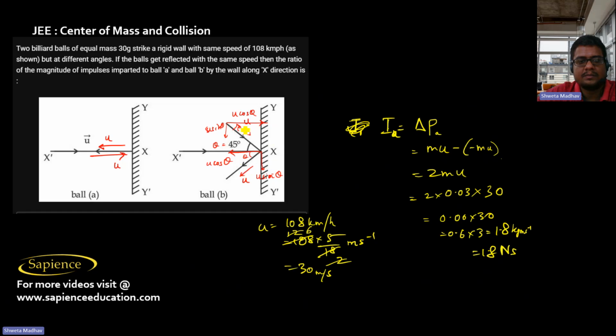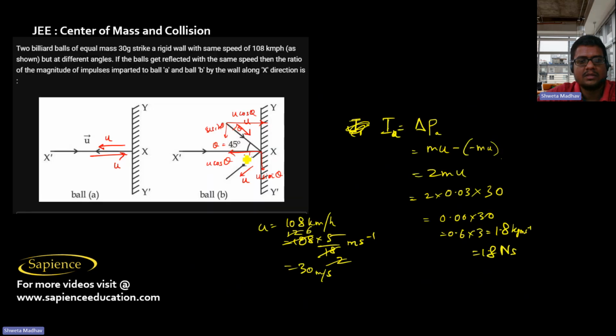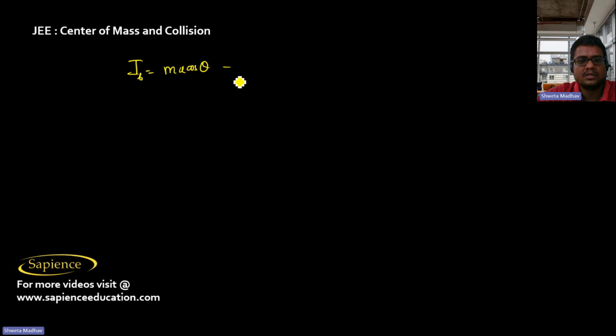And then the impulse in part B will be equal to the initial momentum, that is mu cos theta, minus minus mu cos theta. This will be equal to 2mu cos theta.